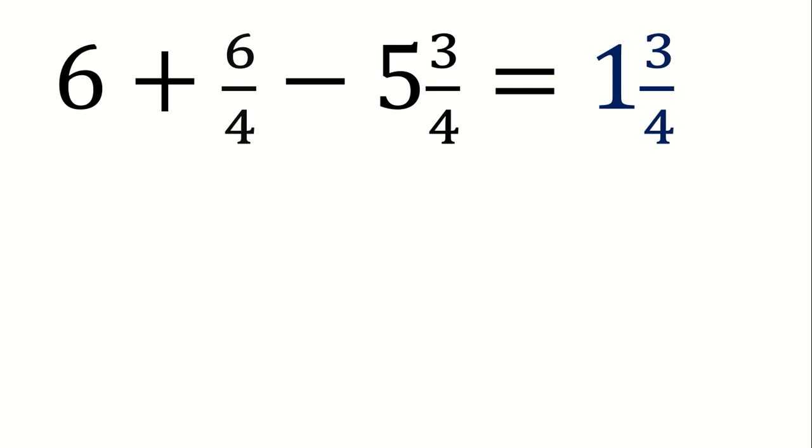Again, we reach 1 and 3/4 without drawing any shape. And here is an advanced method for obtaining the subtraction. So as you can see, we can easily calculate the subtraction of mixed numbers.